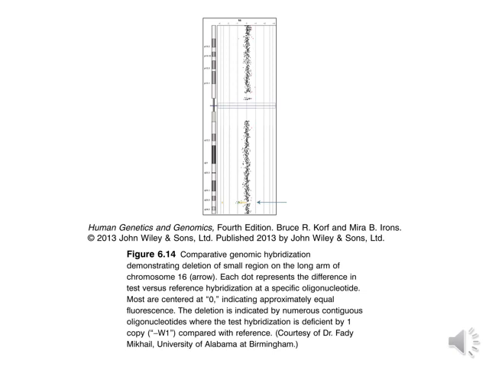The deletion is indicated by numerous contiguous oligonucleotides, where the test hybridization is deficient by one copy compared with the reference. We will be having a guest lecture speak about this technique as well as some of the other cytogenetic techniques in a couple of weeks.